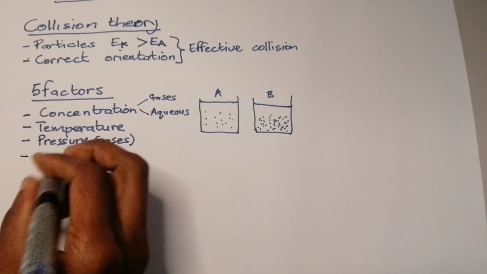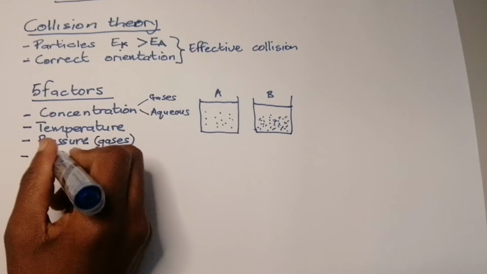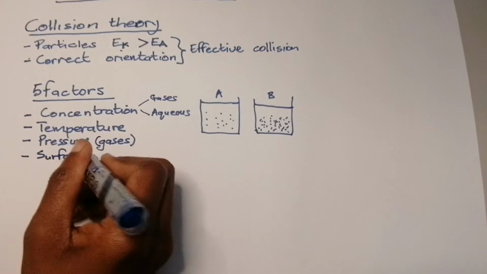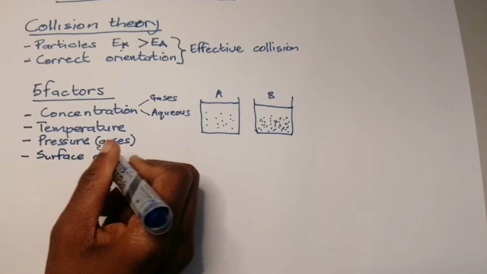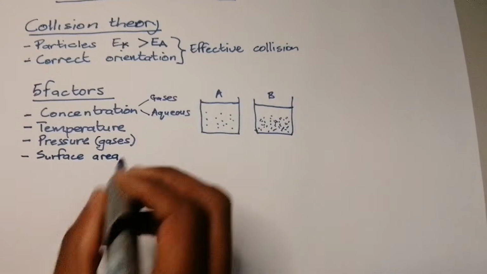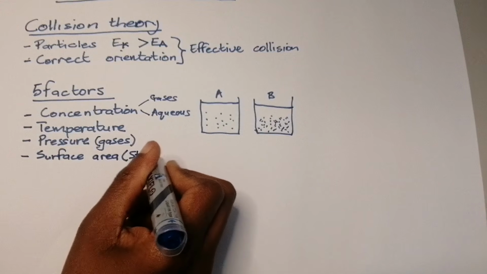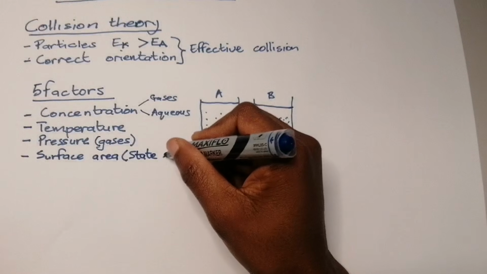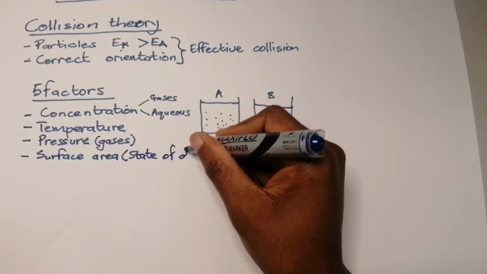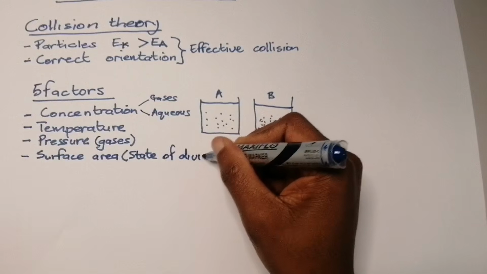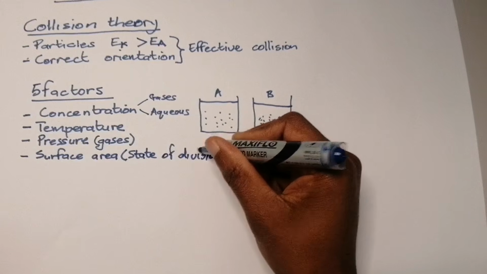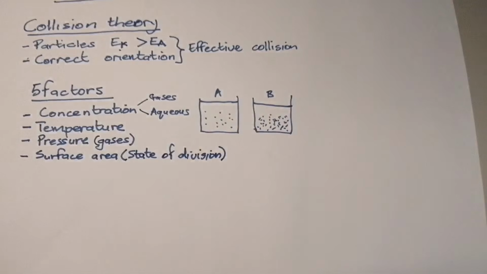And then we also have surface area, sometimes called the state of division. What do we mean by state of division? It's when you break something down into smaller pieces.